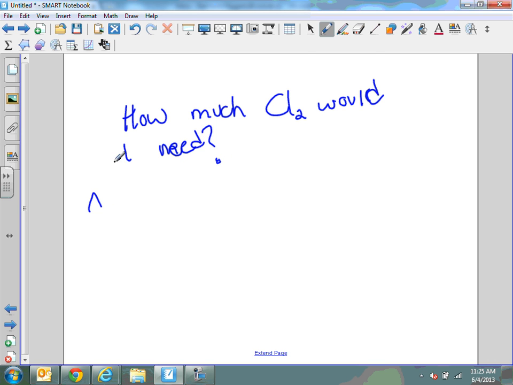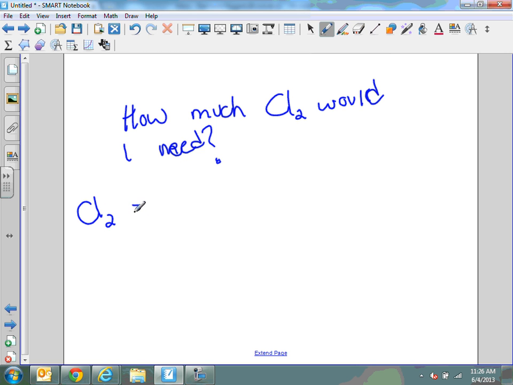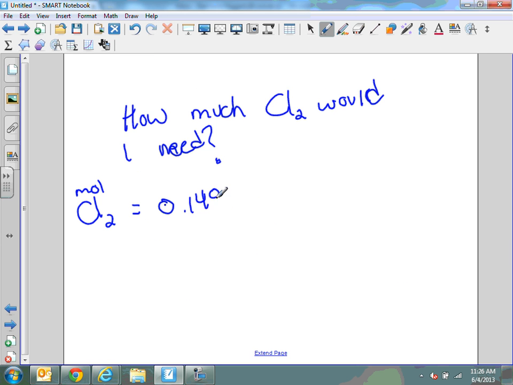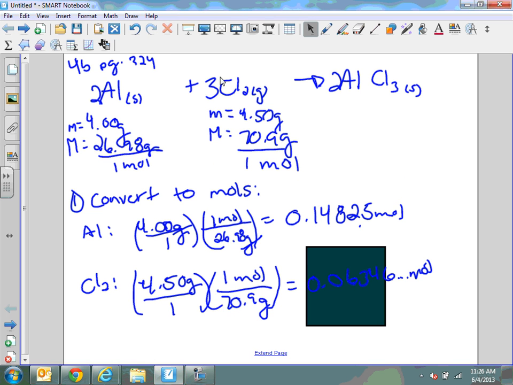If I'm looking for the amount of chlorine that I would need to completely react, I'm going to have to use my mole ratio. So my number of moles of aluminum is 0.14825. I'm going to times that by my mole ratio, which would be 3 over 2.